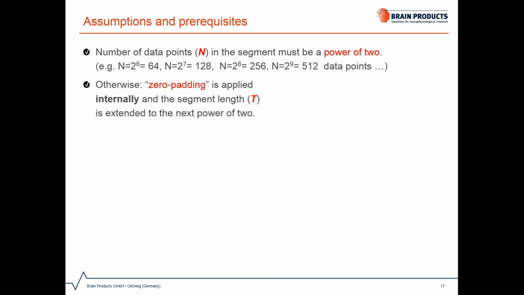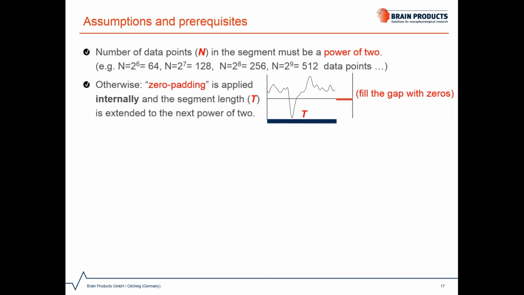Well, in this case, the algorithm is programmed in a way to internally expand the length of the segment to the next power of 2 by adding zeros, which is also known as zero padding. So this process will happen automatically internally when the algorithm encounters a data that is not a power of 2.